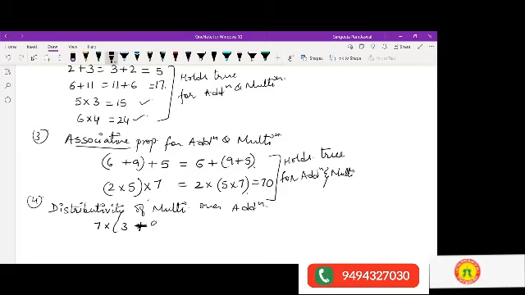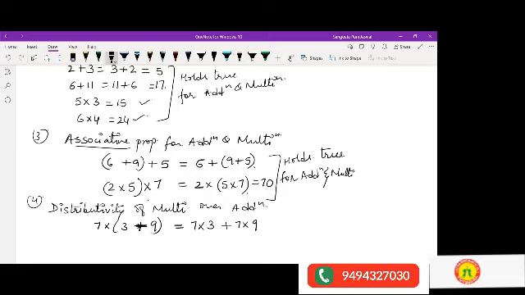Inside the bracket I have plus sign and outside the bracket I have multiply sign. 7 into 3 plus 9 will be equal to 7 multiplied with 3 plus 7 multiplied with 9. This is what my distributive property tells me.